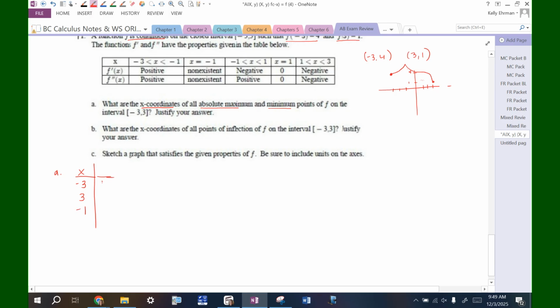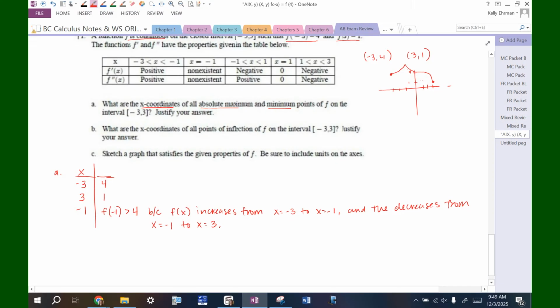And we do know the values for these two endpoints. Based on my sketch of the graph, I know that at -1, this has to be something greater than 4 because f of x increases from x equals -3 to x equals -1, and then decreases from x equals -1 to x equals 3.